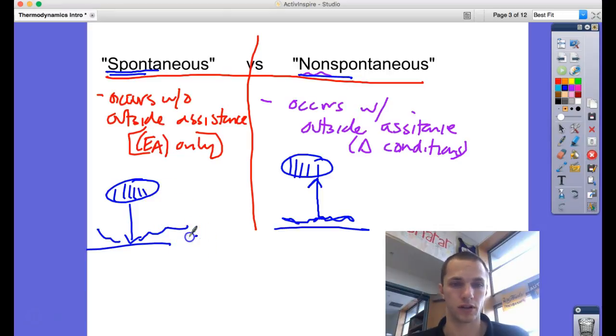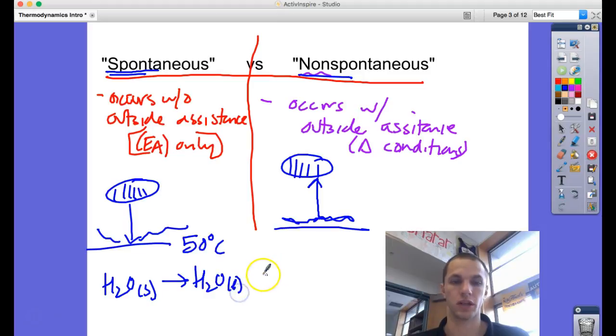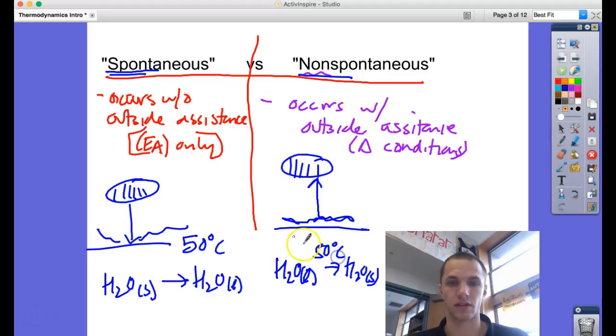Another example would be, let's say you have some ice, solid water at 50 degrees. Okay? Solid water at 50 degrees is going to turn into liquid, just sitting on the table. You're not going to have to do anything to it. Okay? That's spontaneous. On the other hand, liquid water is not going to just turn into ice at 50 degrees Celsius.